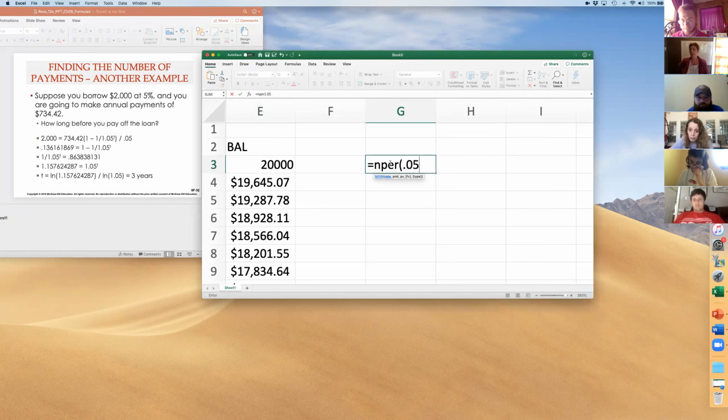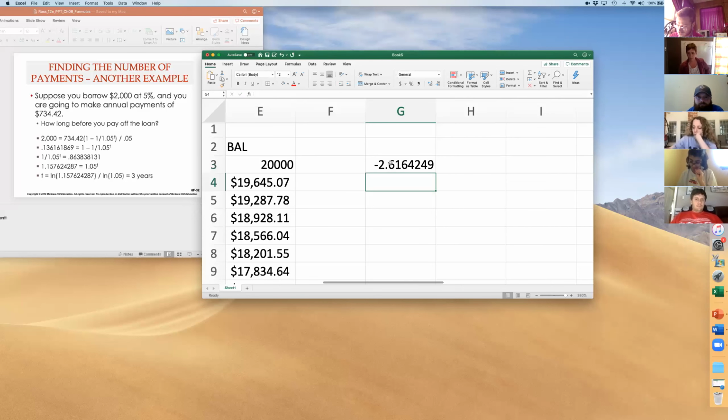So the interest rate's 5% annually. The payment is $734.42 per year. And then the present value is $2,000. We're going to assume there's no balloon payment for the future value, and that this is an ordinary annuity, which would have a type 0.